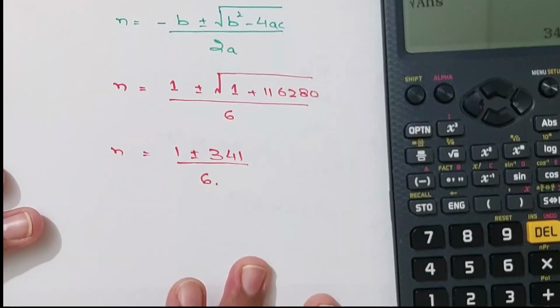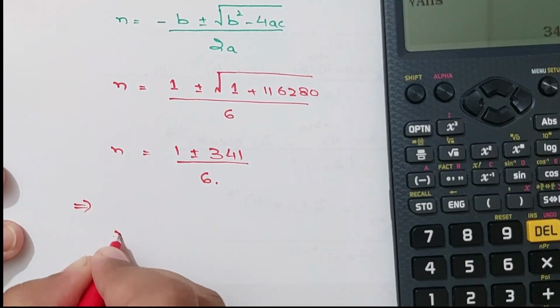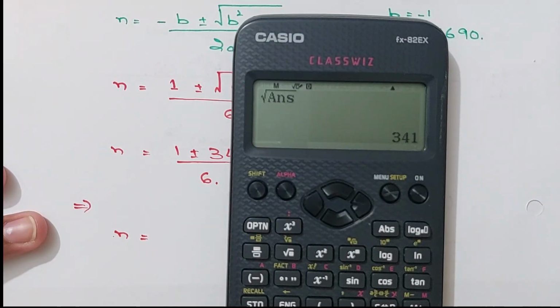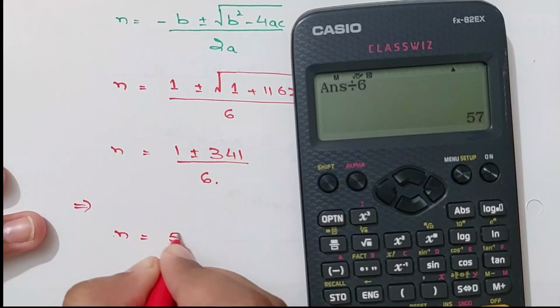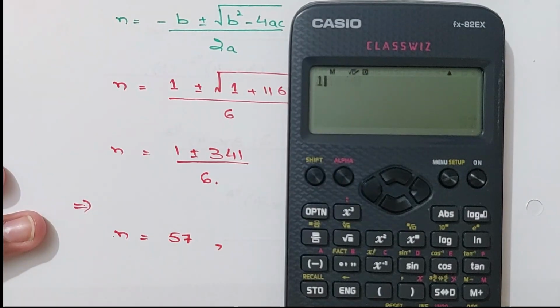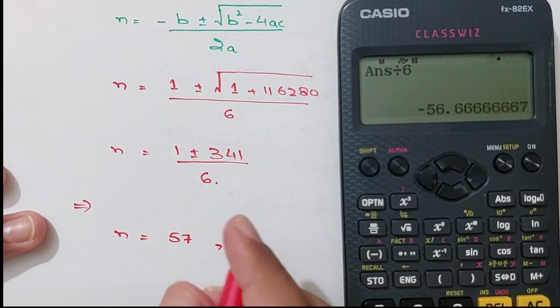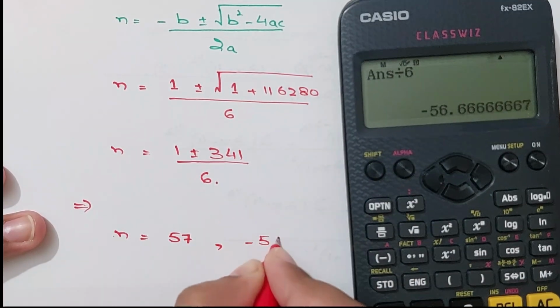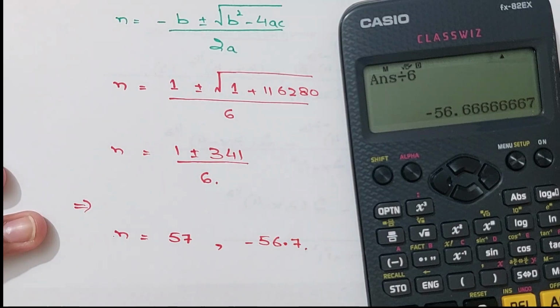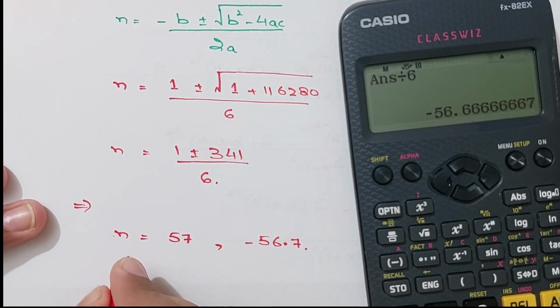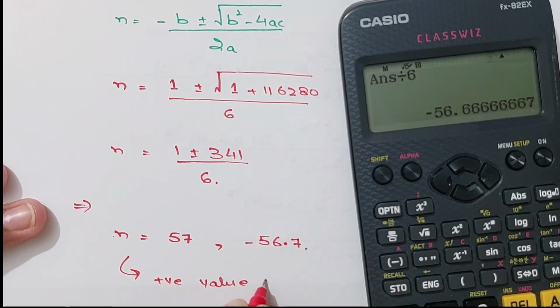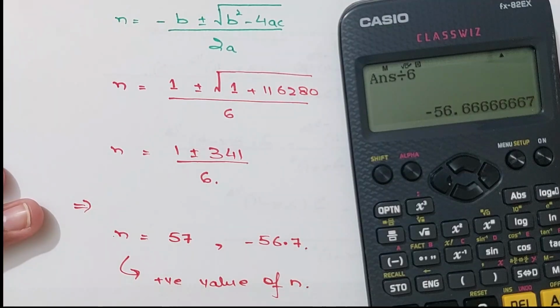So we have two values of n: 1 plus 341 divided by 6, which is 57, and 1 minus 341 divided by 6, which is minus 56.7. So n should be positive because n is a number of terms, so we have to take this, because the number of terms can never be negative.